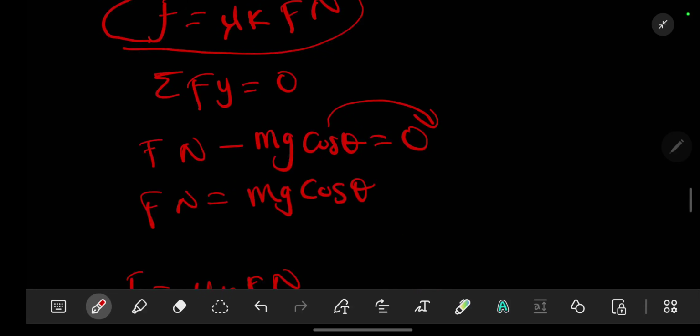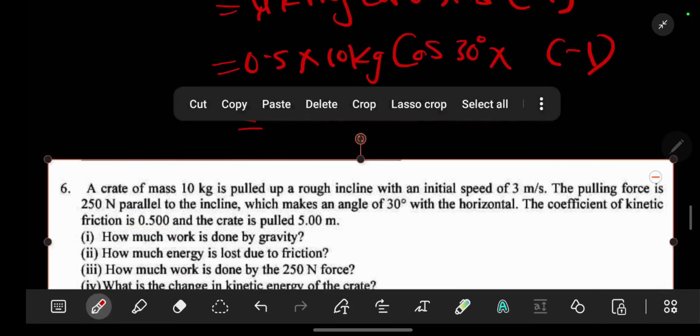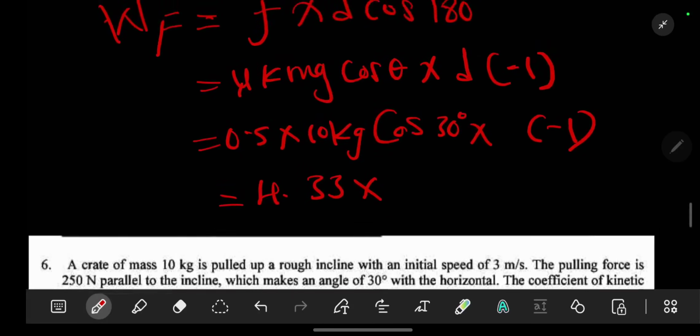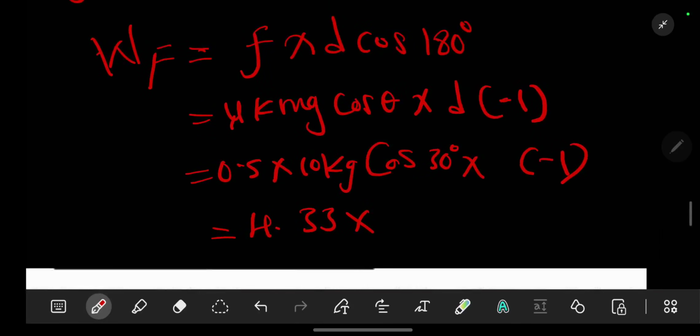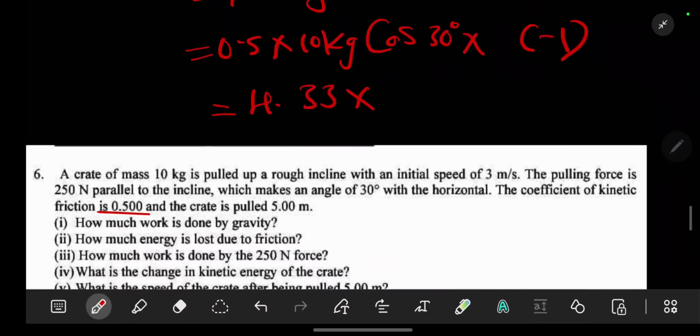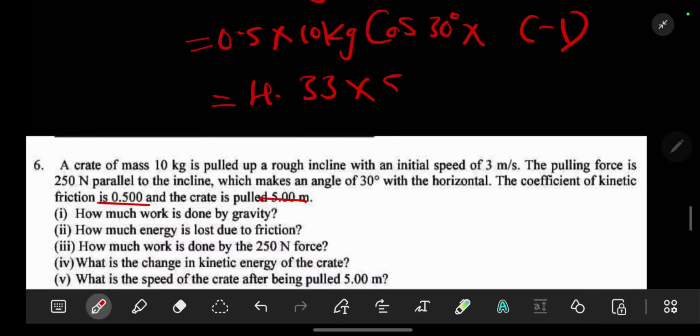What values do we have? The cosine of 30, and then d. The distance traveled was 5, so we are going to say 5, times -1.